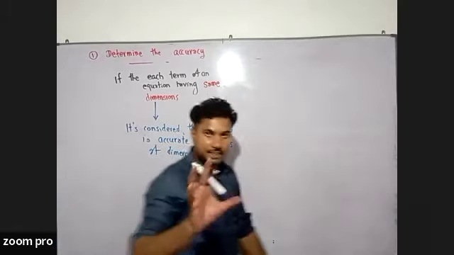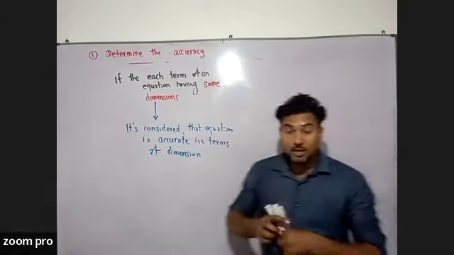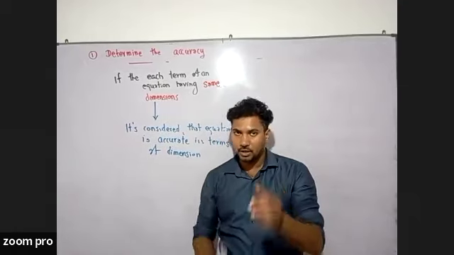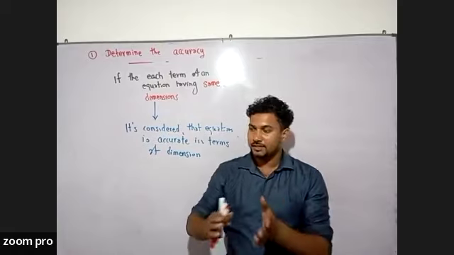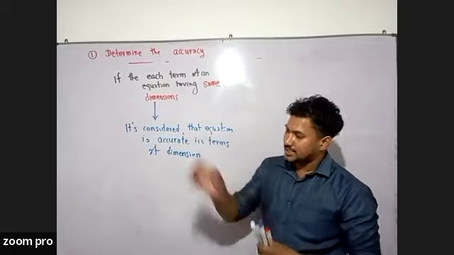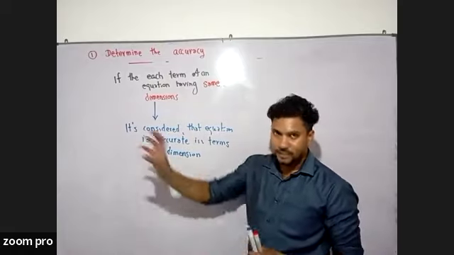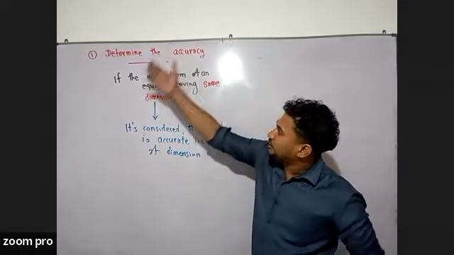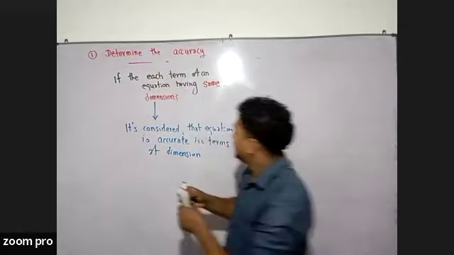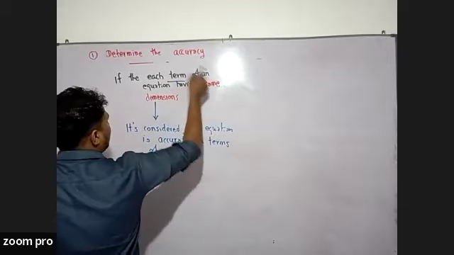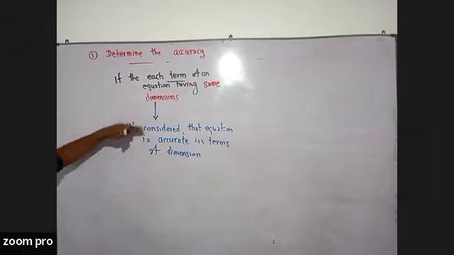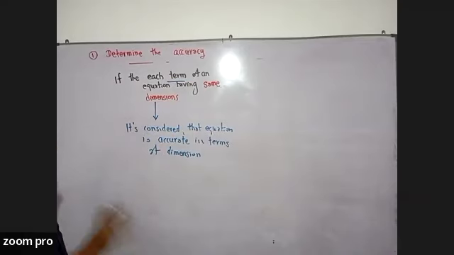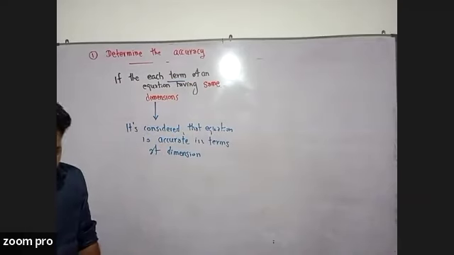Guys, this is theory. Now you have an idea how to obtain the terms of a given equation, how to separate the terms in a given equation. So if each term of an equation has the same dimensions, the equation is accurate in terms of dimensions.